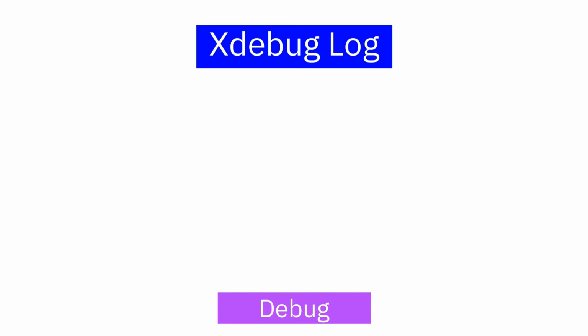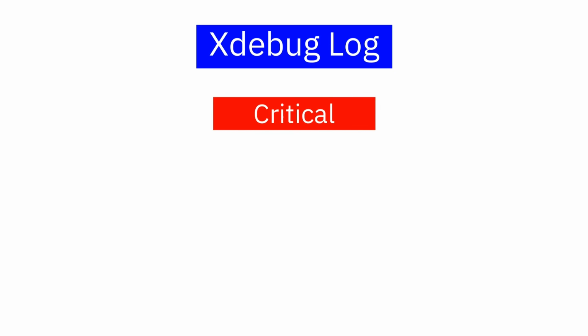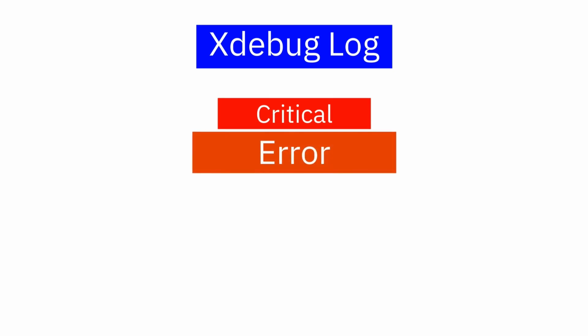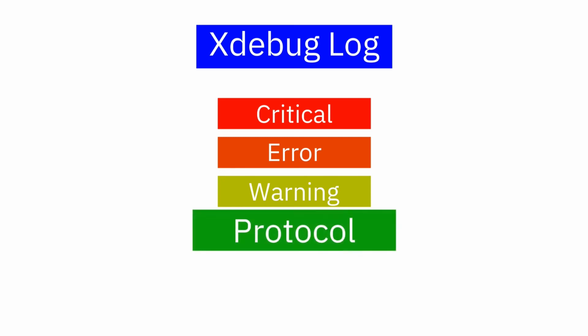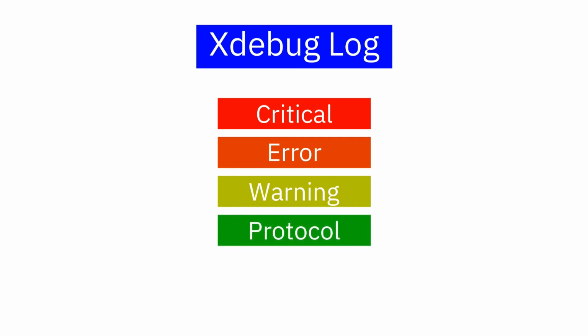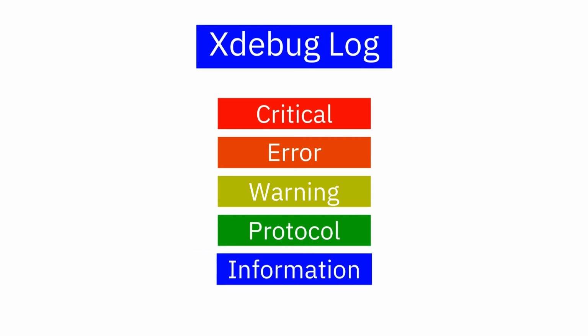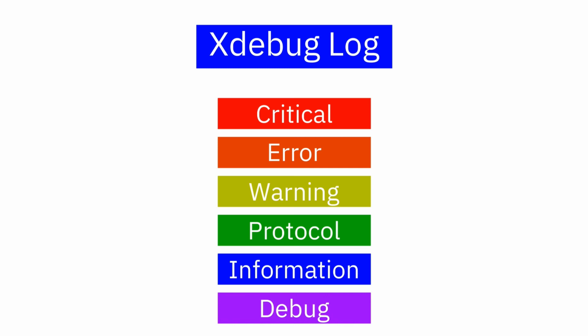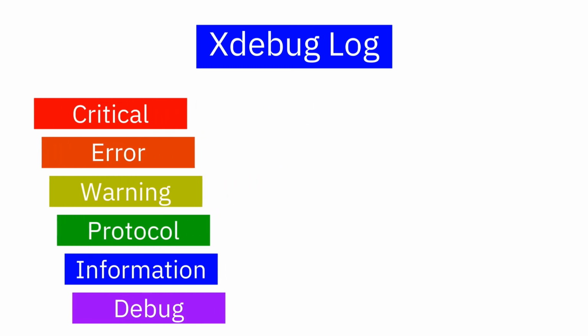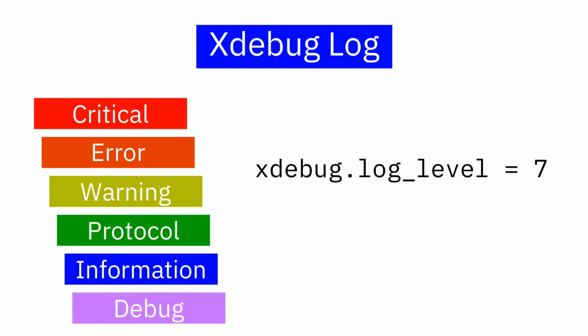The different severities are critical errors, such as issues with Xdebug configuration, errors, such as not being able to connect to an IDE, warnings, which include failed debug connection attempts, communication information, which includes the full communication between an IDE and Xdebug during a debugging session, informational notes, which includes which headers Xdebug is using to determine which host to connect to, and finally debug messages, which are primarily useful for debugging Xdebug itself.